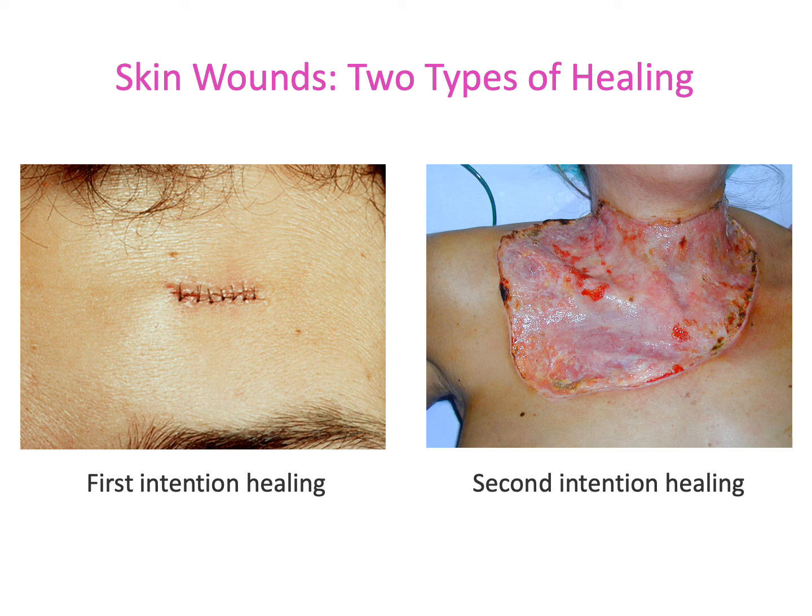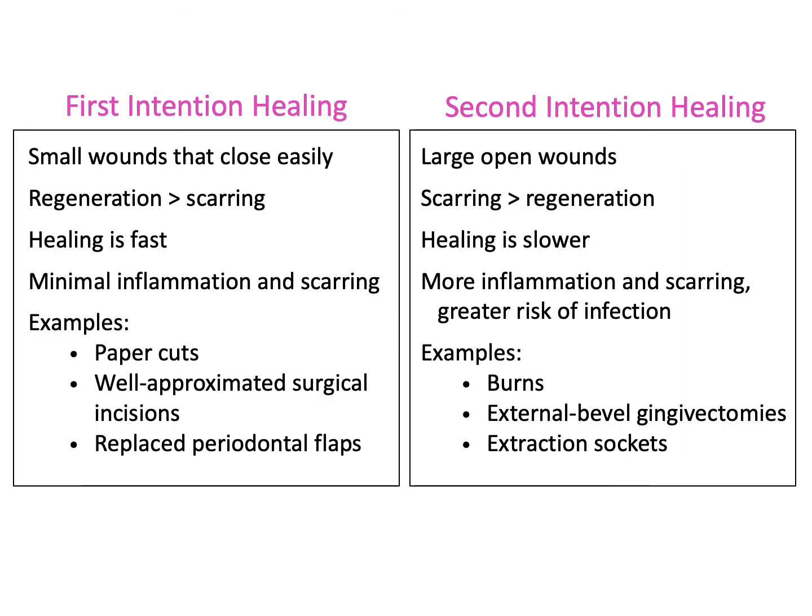Second intention healing is in larger wounds, but really any wound where you can't pull the edges together, where you've got open tissue that is going to need some extra work to heal up. So burns, ulcers, anything where the edges don't come together neatly, that would be second intention healing. Let's look at some of these characteristics on the next slide.